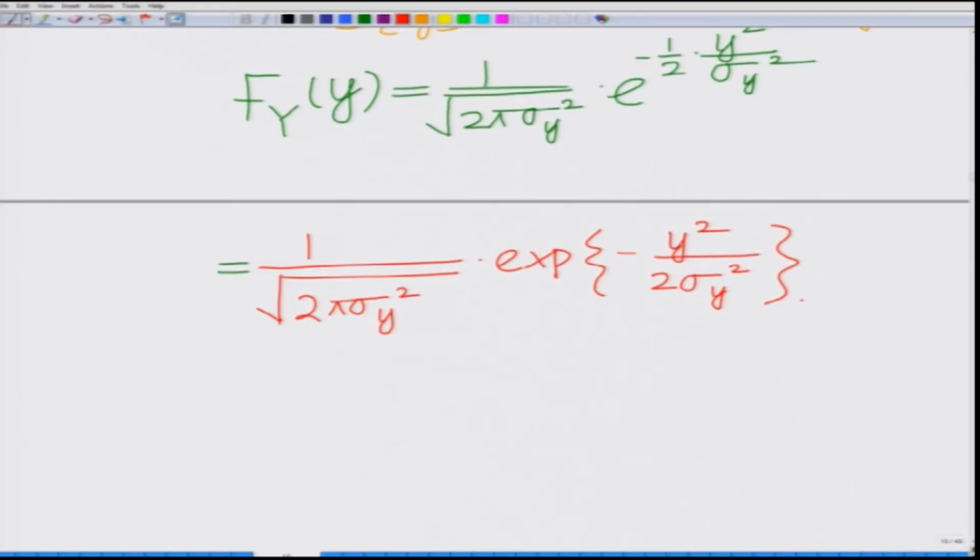So, the marginal probability density function of this Gaussian random variable y with mean 0 and variance sigma y square is 1 over square root of 2 pi sigma y square times exp of minus y square divided by 2 sigma y square. That is the easy part.